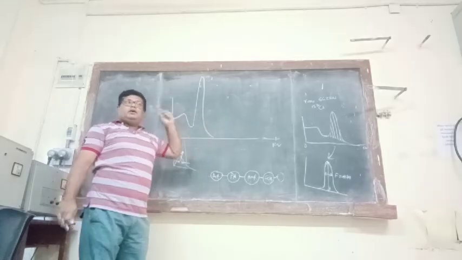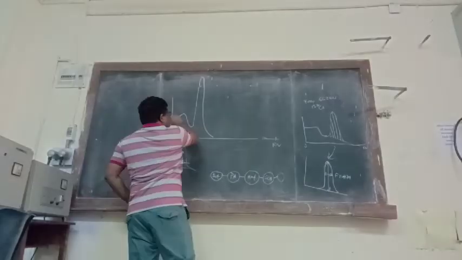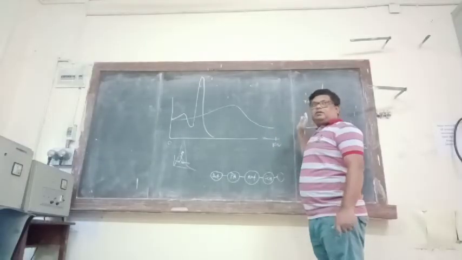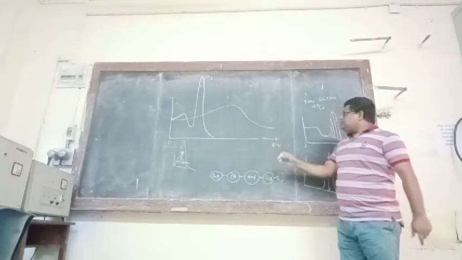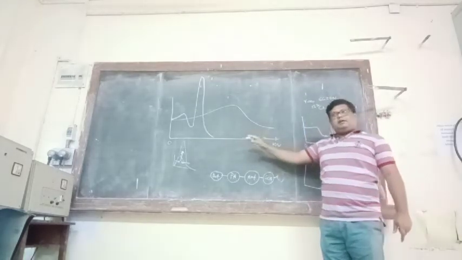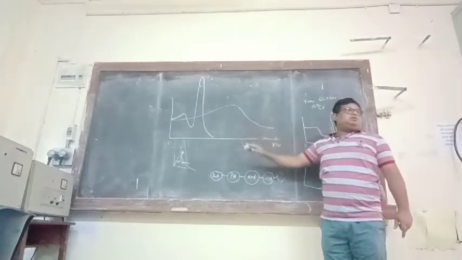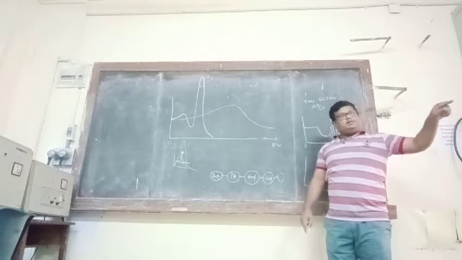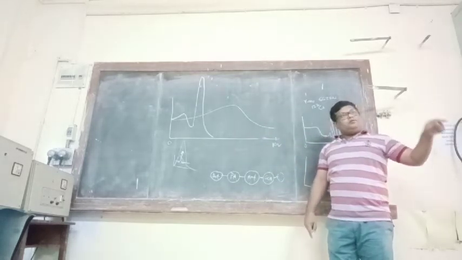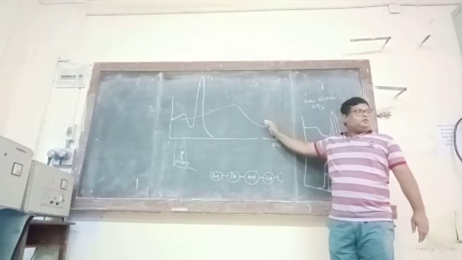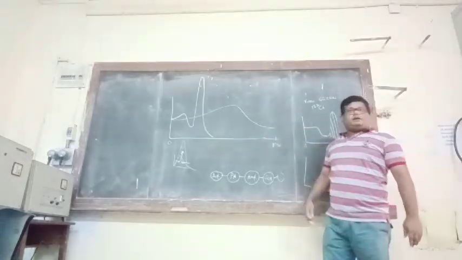But remember, if you put too much gain, you will get something like this, where the peak is cut off. So before doing the experiment, you have to ensure that the gain is set such that you are able to get all the counts in the spectrum. This is important. I have already set the gain to a value of 2.0. You can also take the data at a value of 3.0 and see how the spectrum changes.